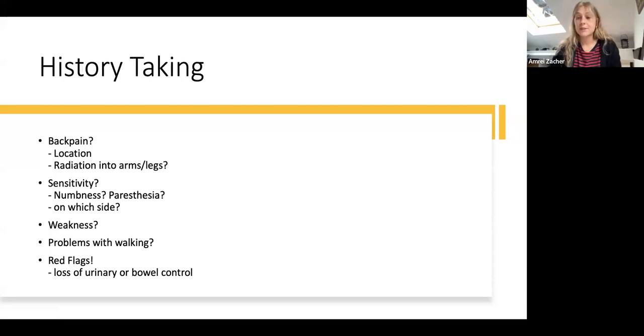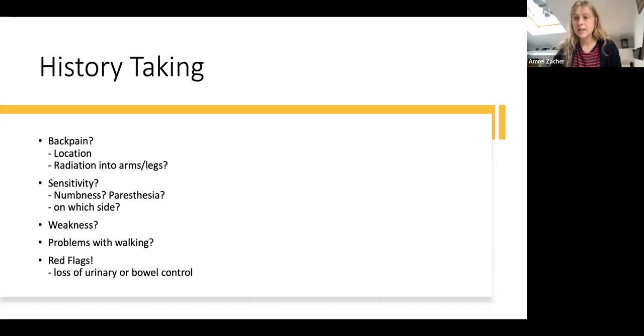That would be whether there's back pain, and if there is, where it is, and if it is radiating into the arms or legs. Then you would ask for sensitivity, for numbness, paresthesia, and which side it is on. You would ask for weakness.